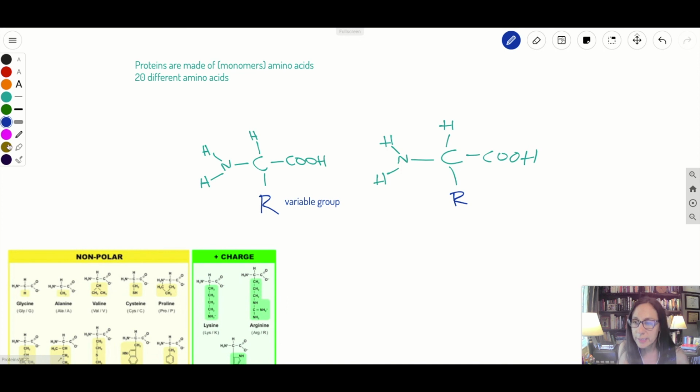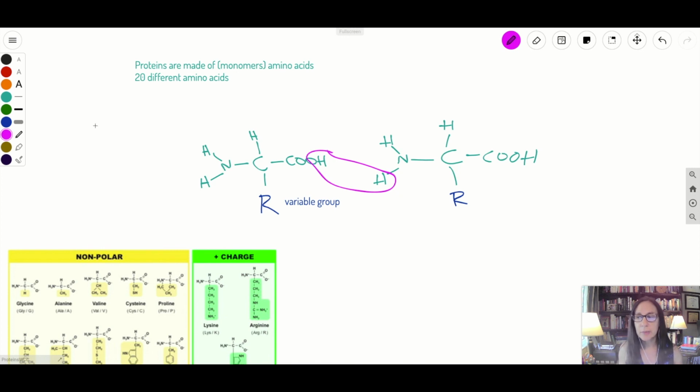What ends up happening is that when this amino acid binds to this amino acid, this OH comes off and this H comes off, and now H2O is removed. This is called a dehydration synthesis.